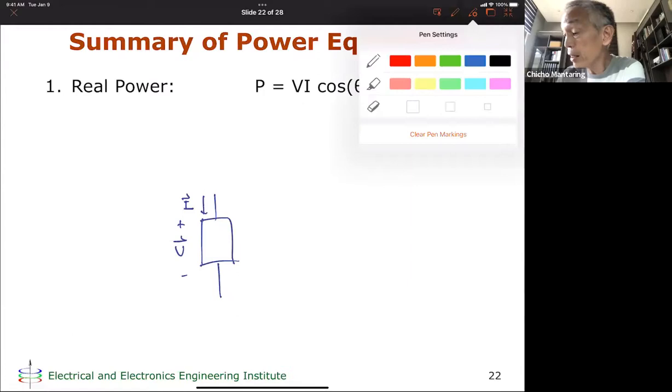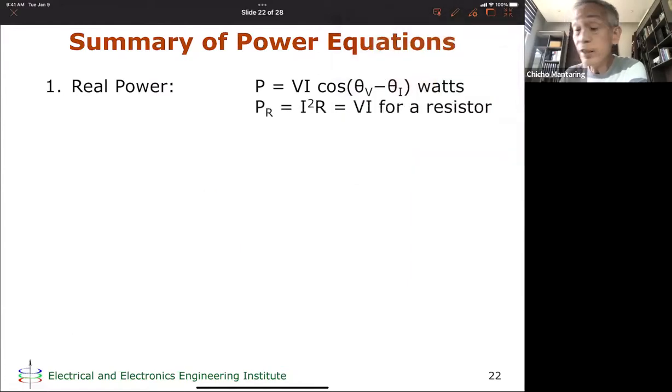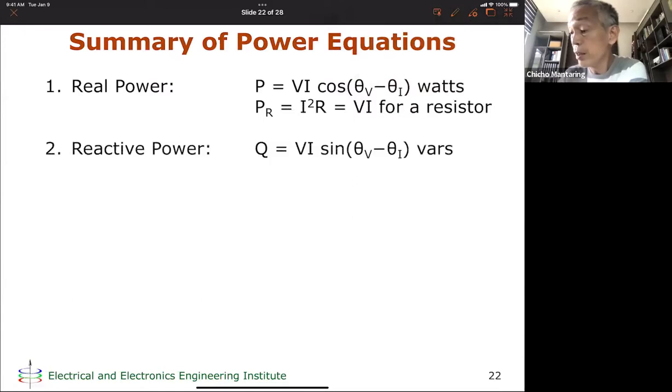And we know that for a resistor, that is I squared R. No? For an inductance, that is 0, and for a capacitance, that is 0. Because the inductance and capacitance does not absorb or consume any real power.